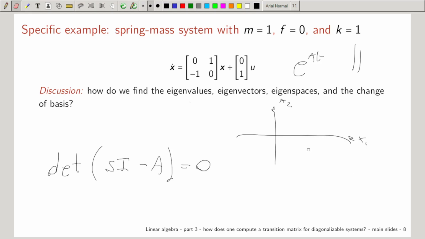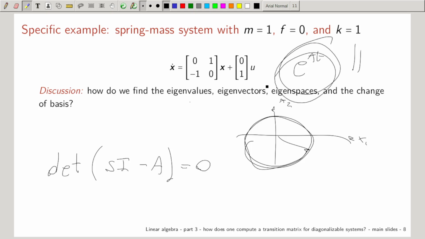Or is it going to be at time 0 and then this column goes around and around and around? Do you see that the exponential e^(At), if I see the phase portrait that is having some behavior, that behavior is the behavior of the columns of this object here. Are we together? 1, 2, 3.